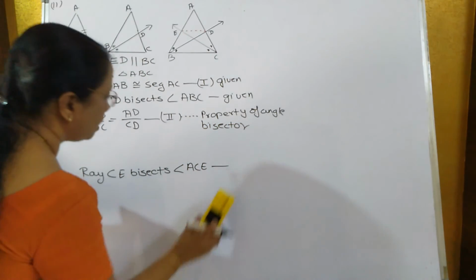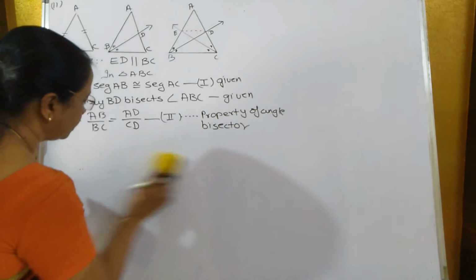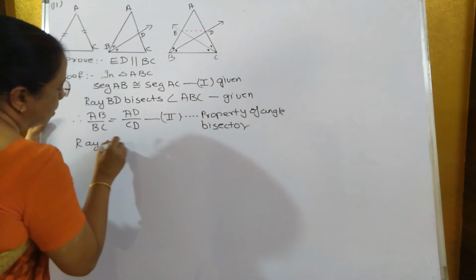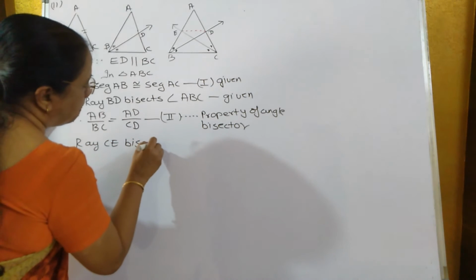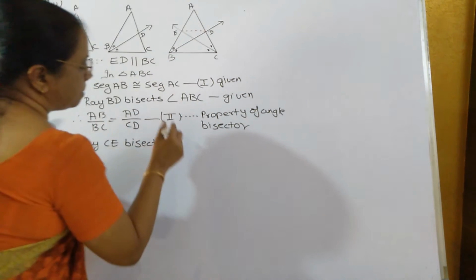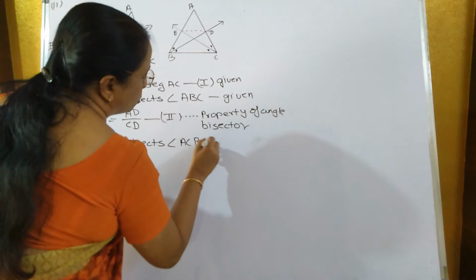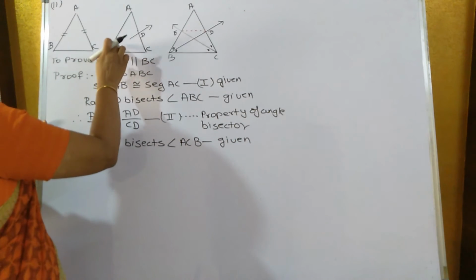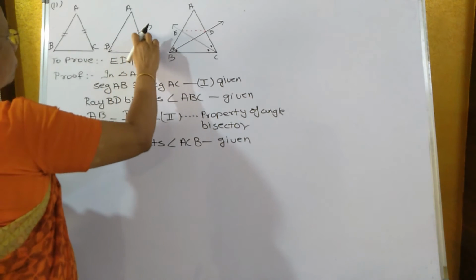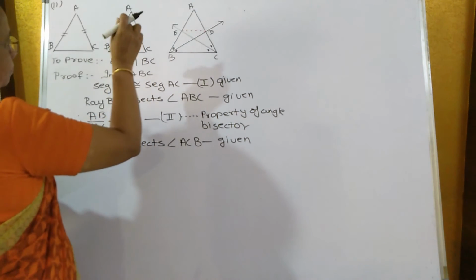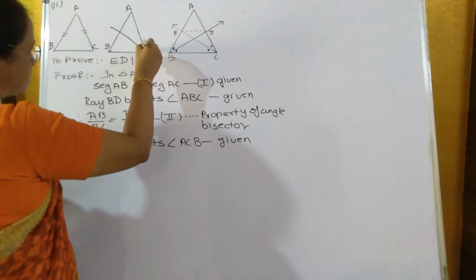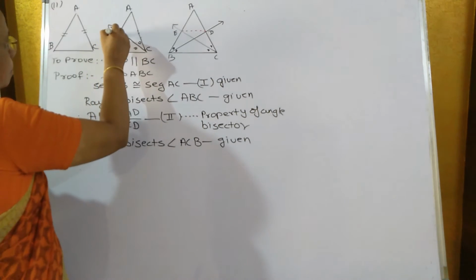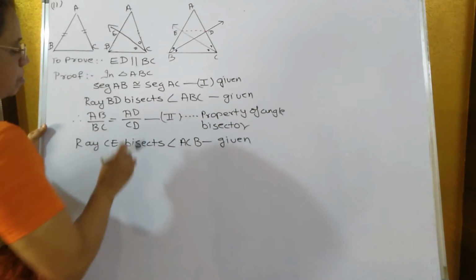Same way, ray CE bisects angle ACB, that is also given. Now ray CE is the angle bisector of angle ACB.